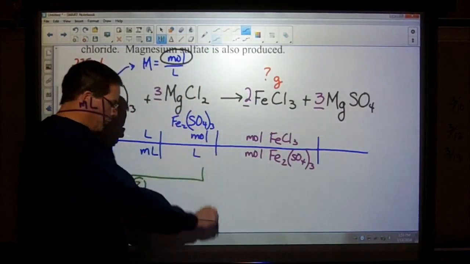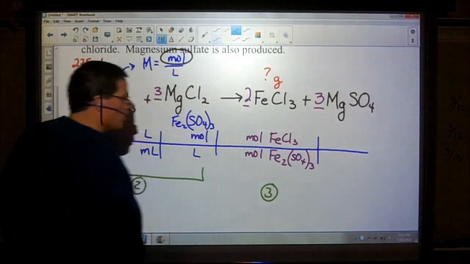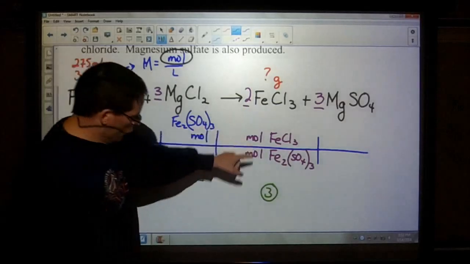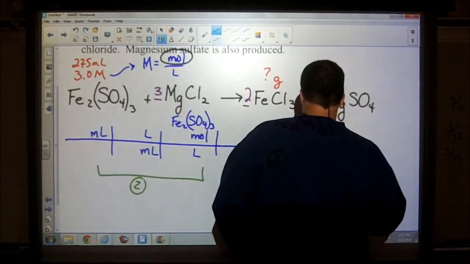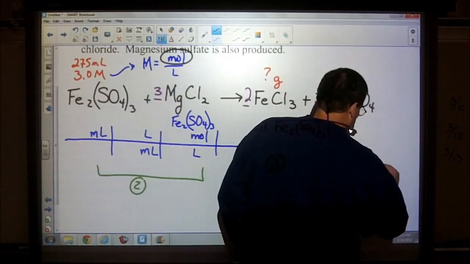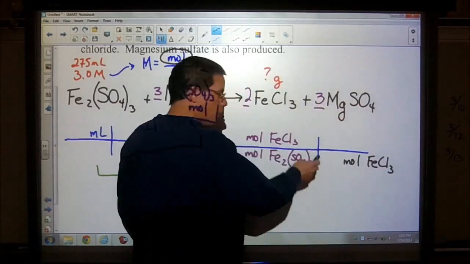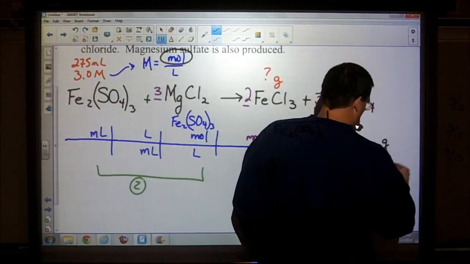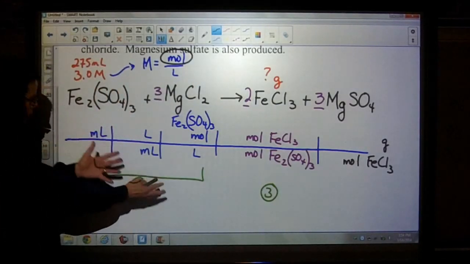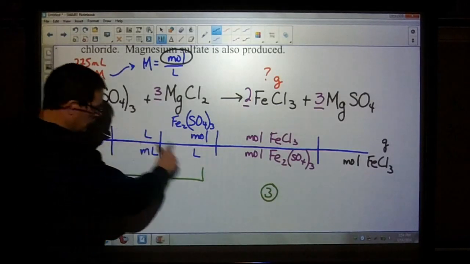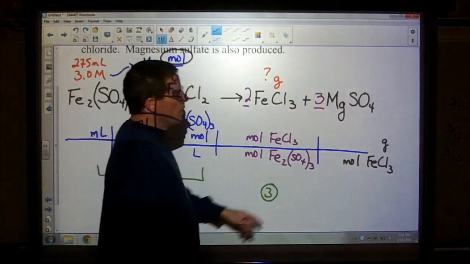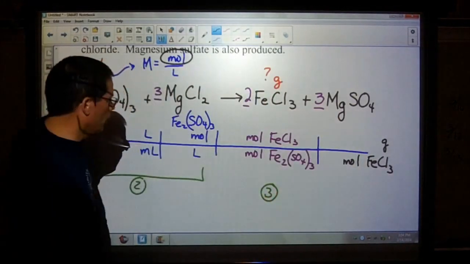Okay, so that is step 3. We're going to get rid of our units of iron sulfate. That's what all the volume and molarity is dealing with. Then we're going to change it into moles of iron chloride. So we're going to move that unit diagonally. Moles of iron chloride. And then we'll put the molar mass on top. So whatever that weighs. Okay? So that's not too bad. That's actually pretty simple. Put your units into play. So milliliters will cancel, liters will cancel, moles of iron sulfate will cancel, moles of iron chloride will cancel, and you're left with grams, which is exactly what we're looking for.